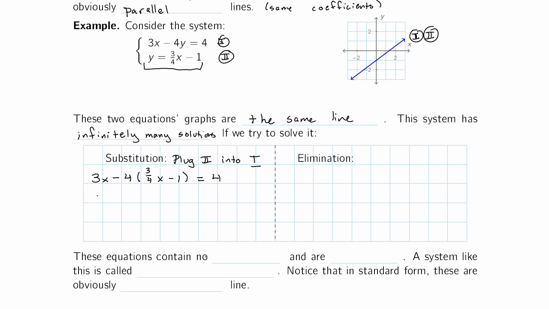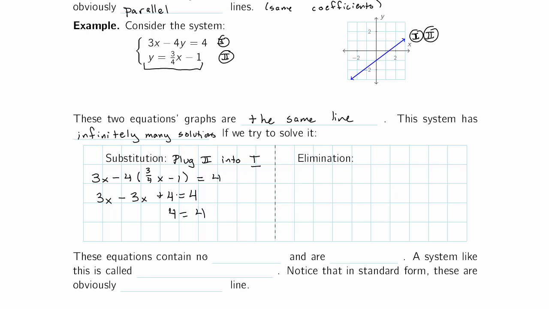Now I'll distribute: 3x minus 3x plus 4 equals 4. Combining like terms gives me just 4 equals 4. Well, that's better than what we saw before, right? 4 really does equal 4 at least. But we still don't have any variables.